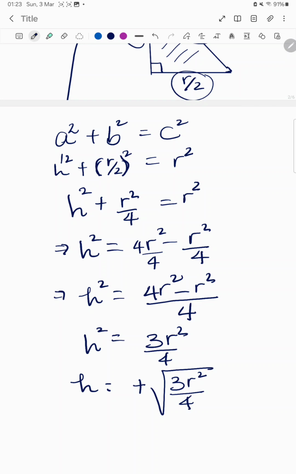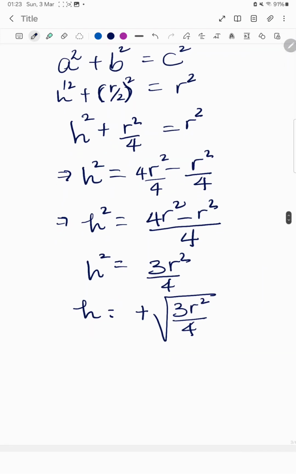That's because h is a distance and we don't need to consider the negative part.